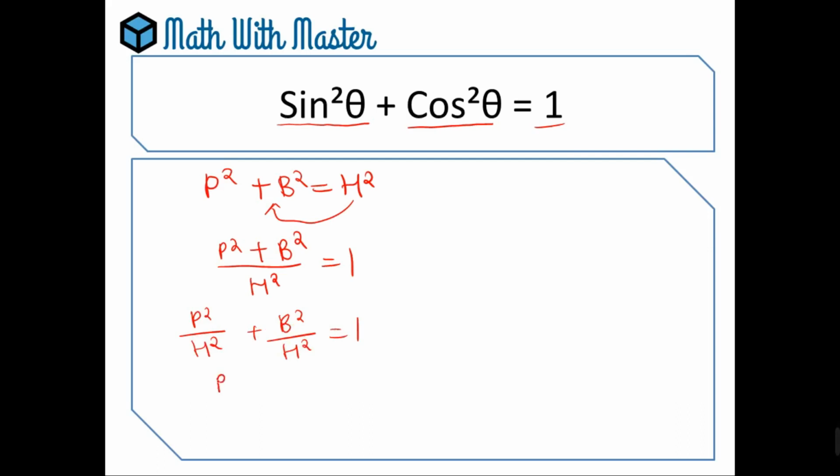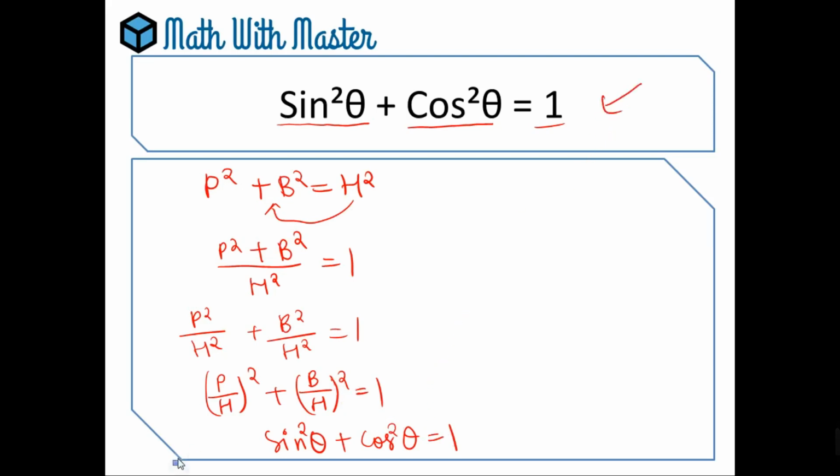Now we make the square common: perpendicular upon hypotenuse whole squared plus base upon hypotenuse whole squared equals 1. Perpendicular upon hypotenuse is sin θ, and base upon hypotenuse is cos θ, so sin² θ plus cos² θ equals 1. This is how we derived this formula.